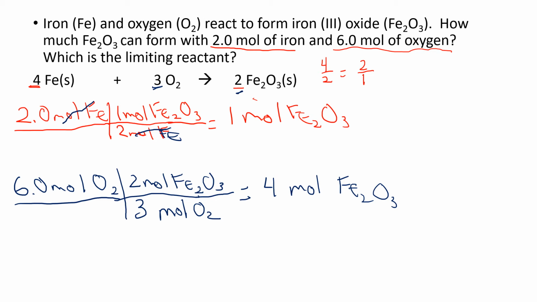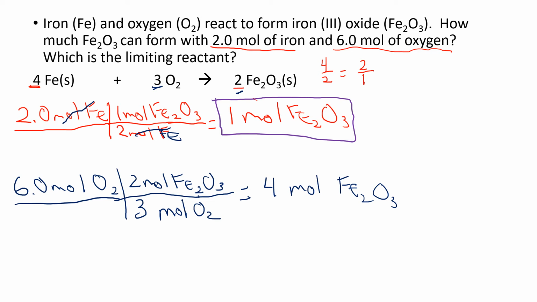iron 3 oxide. Now, if I look at both of these numbers here, I've got the smallest amount coming from this amount of iron here. The fact that this is the smallest amount means that this particular combination is only going to be able to give us this amount.